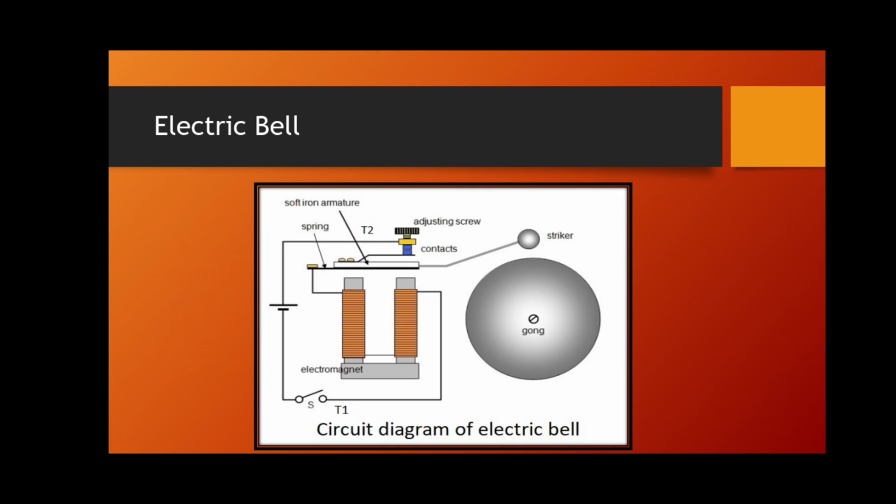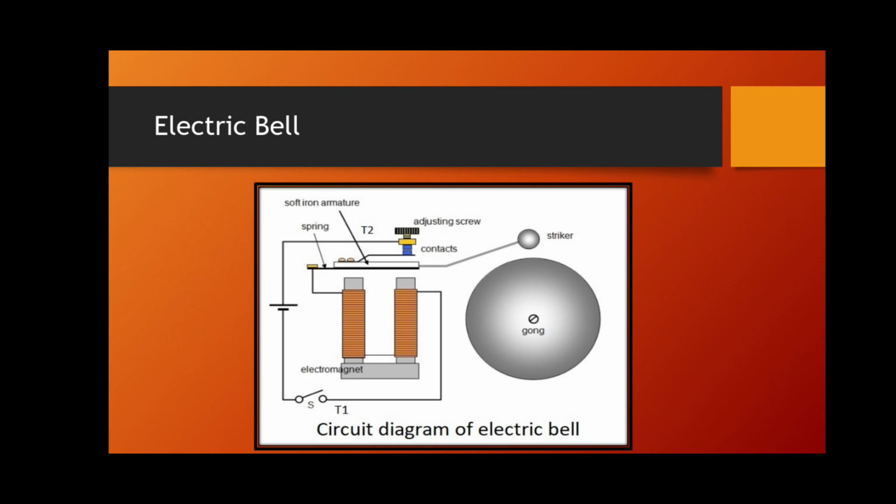Then the next one is the electric bell. What are the different parts of an electric bell? It consists of an electromagnet and a vibrating armature piece that oscillates in front of it.